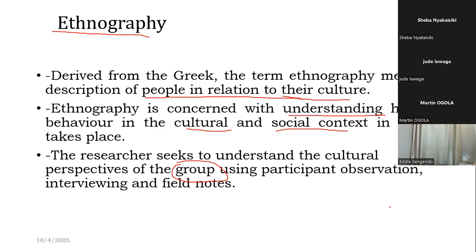Now, one may say, for us in IS, this will not make any sense anywhere. Organizations have culture, okay? Organizations have culture. An example, I think I gave you the example of the academic culture, which is very different from a purely commercial or private culture.